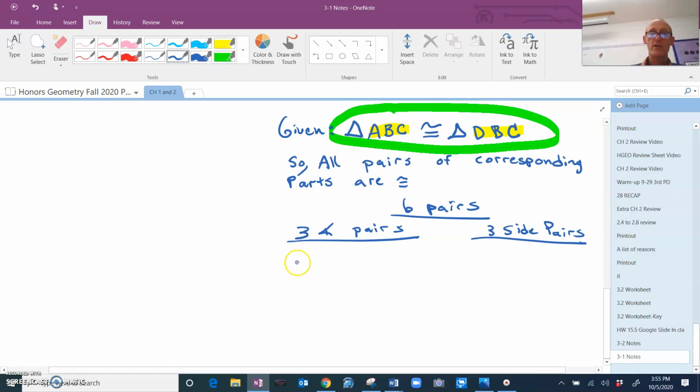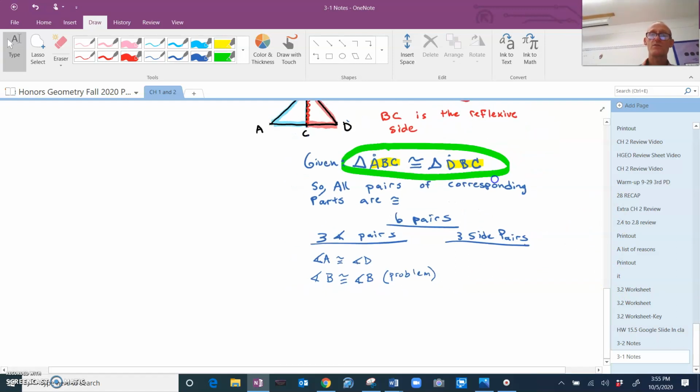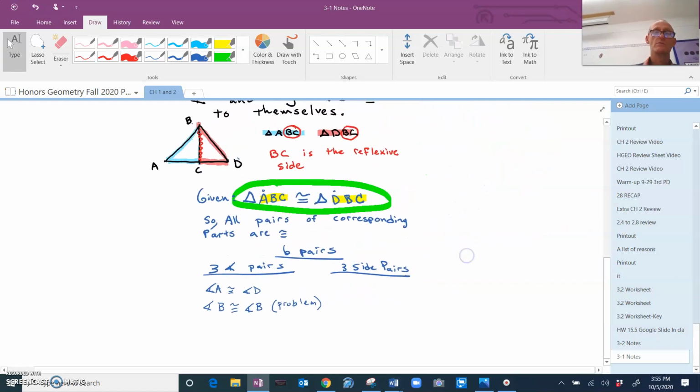So the first angle pair is angle A is congruent to angle D. They're matched up. The third angle pair is angle B is congruent to angle B. Now, that's a problem. And the problem is here.